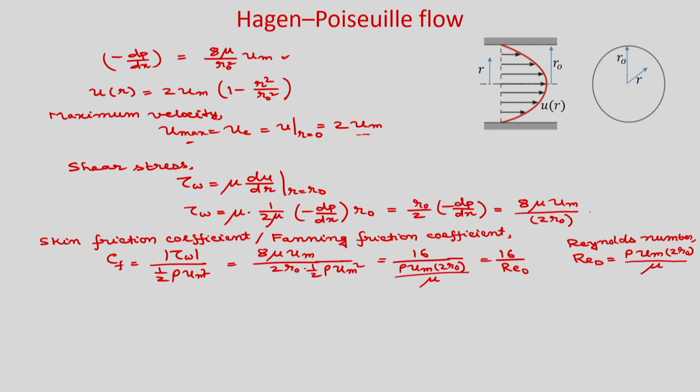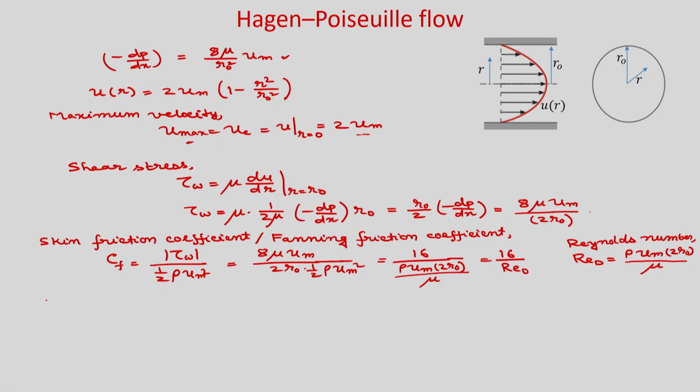Similarly, if you want to calculate the friction factor, which is your non-dimensional pressure gradient, so that you can write it as friction factor, okay. For this particular case, it is known as Darcy friction factor also, okay.